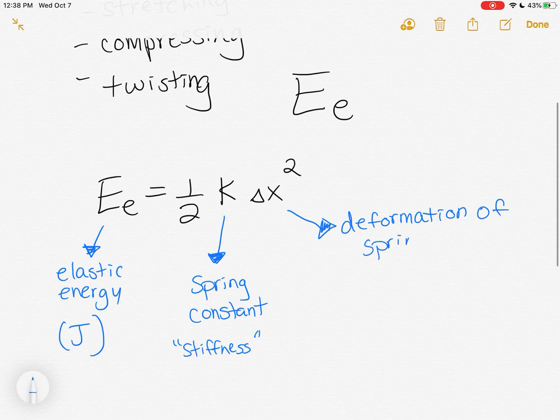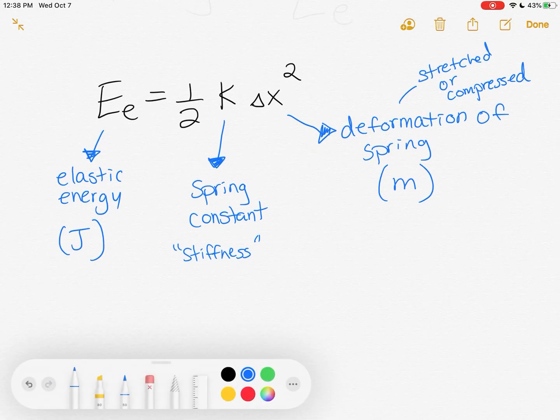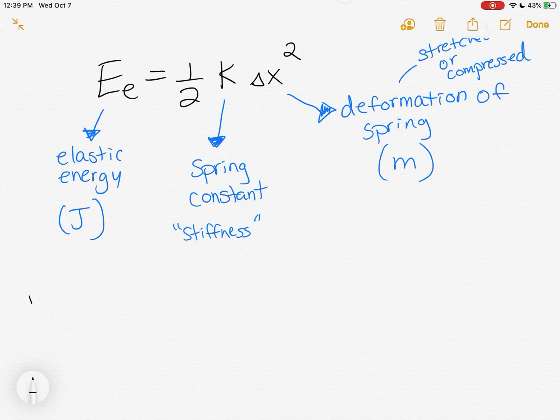And then delta X is the deformation of the spring, and that's going to be measured in meters, and it needs to be squared as well. So this is how much the spring is compressed or stretched by. So how much it was stretched or compressed, okay?